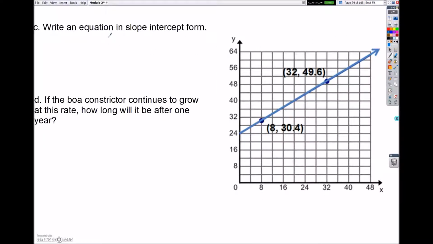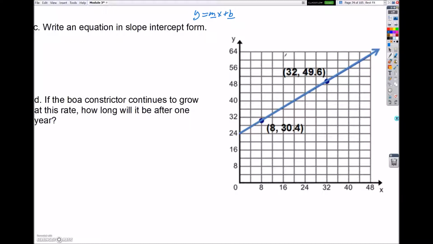It says write an equation in slope-intercept form. As a reminder, slope-intercept form is y equals mx plus b. In order to do that, I need to find my m value and my b value. This is great because it gives us a graph, and it already shows us what our b value is. It looks like it's 24. I'm pretty certain it is, but we can go ahead and find the change in y over change in x to make sure, so it's not like 24.5 or something.